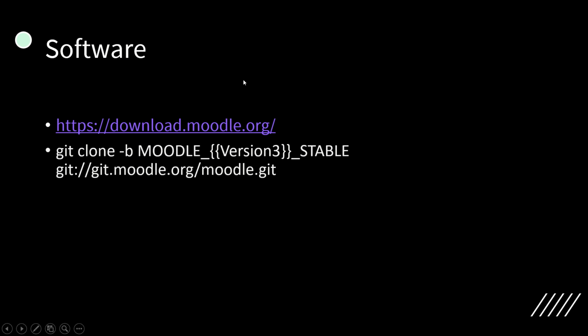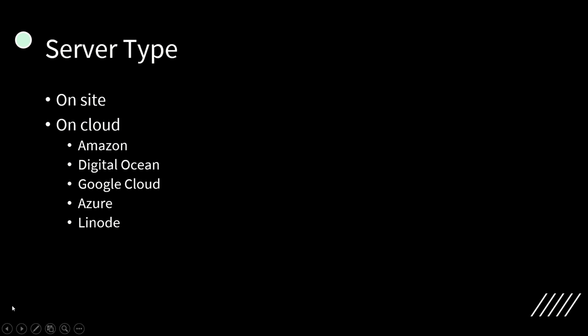When you choose the servers, you can go with different types of servers we have nowadays. You can set up Moodle on site, on premises, locally, or on cloud. There are many service providers available: Amazon, DigitalOcean, Google Cloud, Azure, Linode.